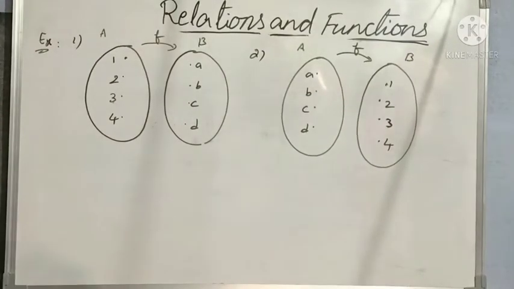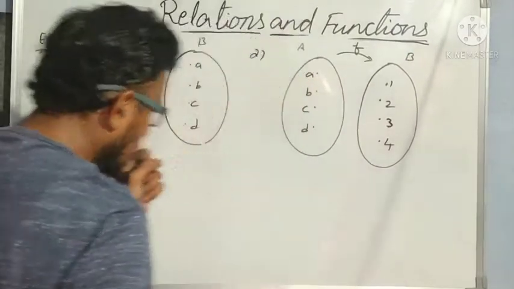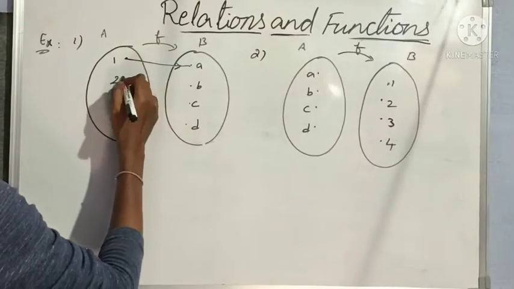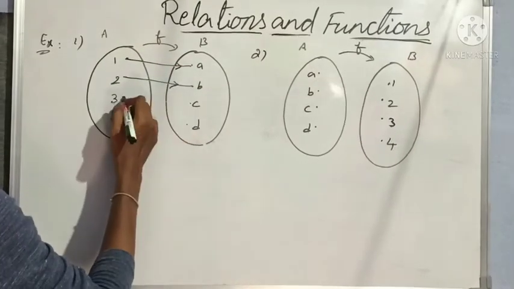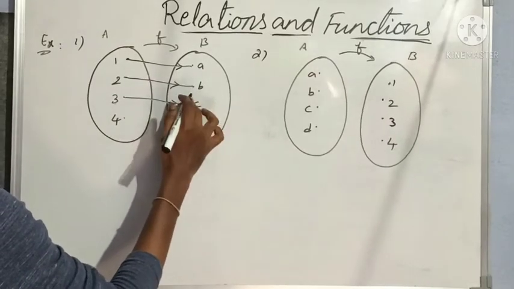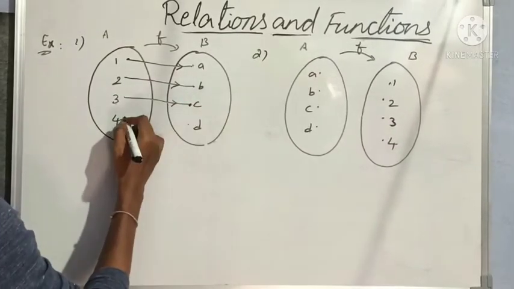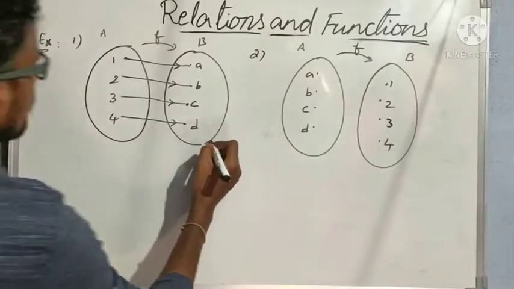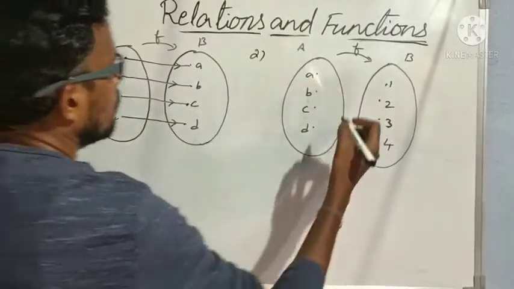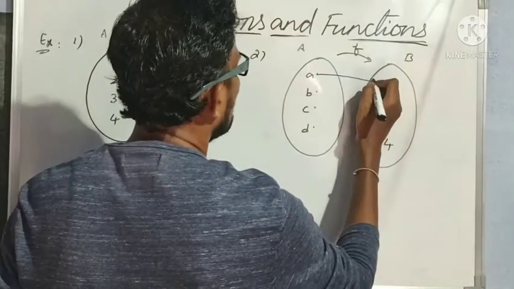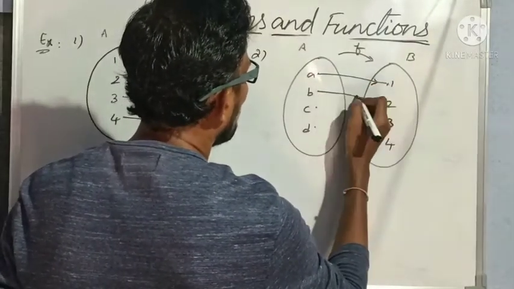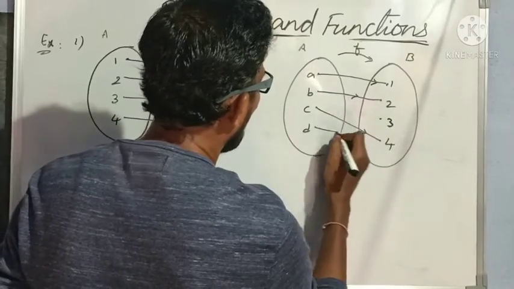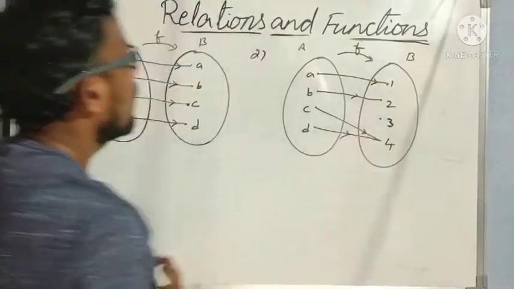Now I will map every element of A with a different element of B, like this.